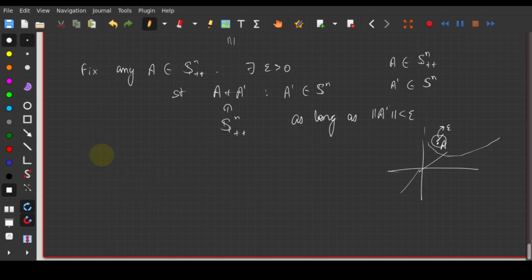So if you have any matrices A and A prime, then the sum of the maximum eigenvalues is always going to be greater than or equal to the maximum eigenvalue of the sum.